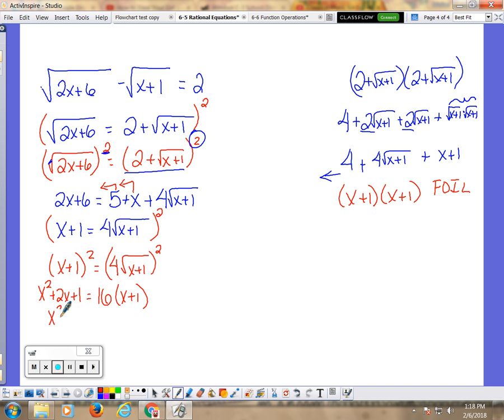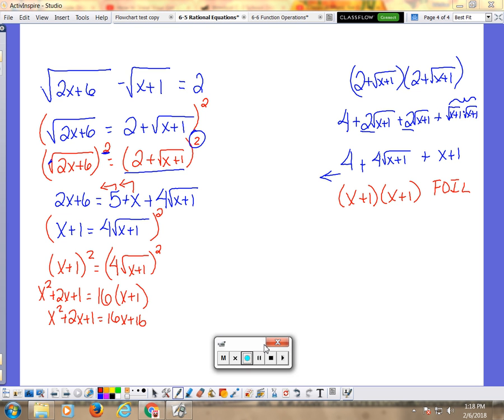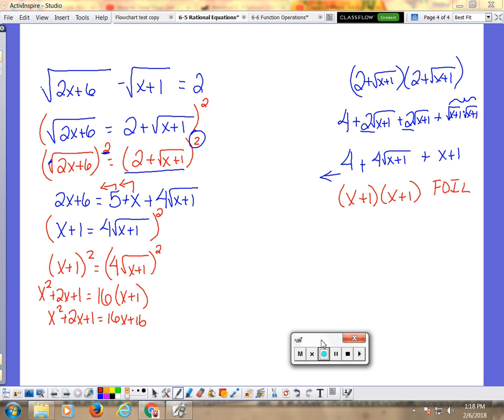So now I need to distribute, and then I'm going to collect everything over on the left hand side. So I'm going to have x squared minus 14x minus 15 equals 0. I'm going to try to factor it, which is x minus 15, x plus 1 equals 0.